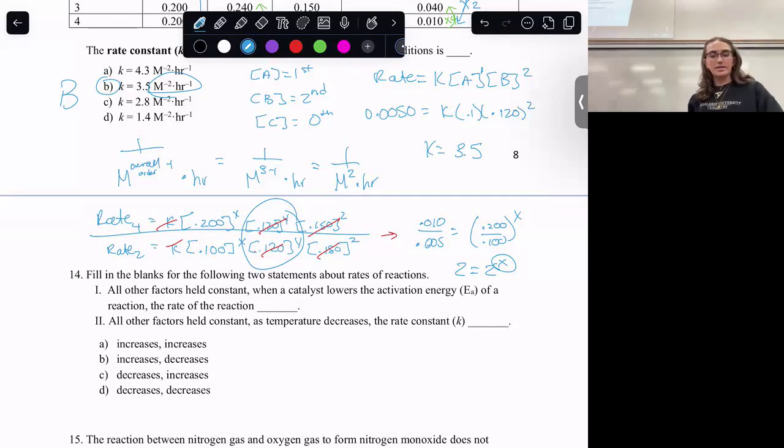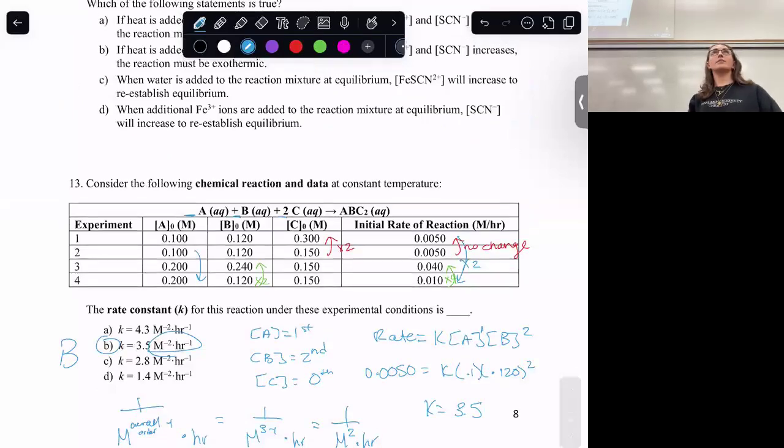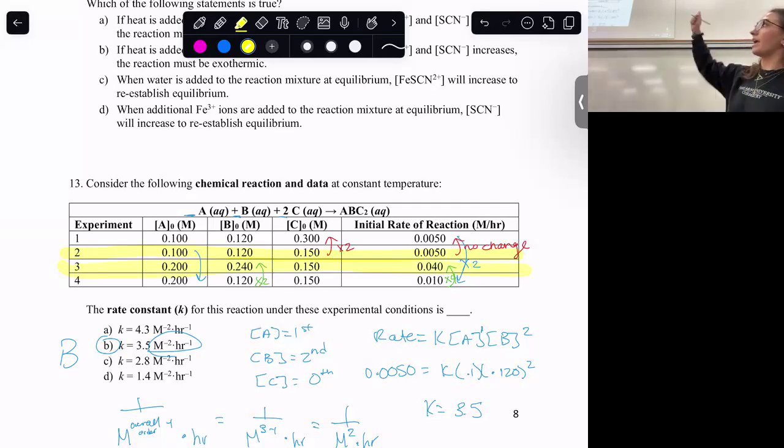As long as that reactant is the only thing changing, right? If we were to pick these two here, if we were to pick 2 and 3, in 2 and 3, A is doubling and B is also doubling.